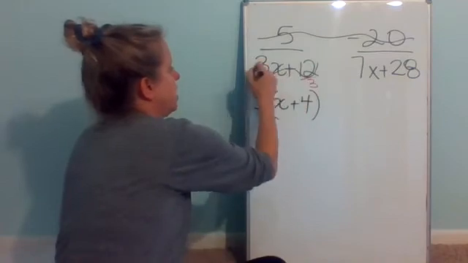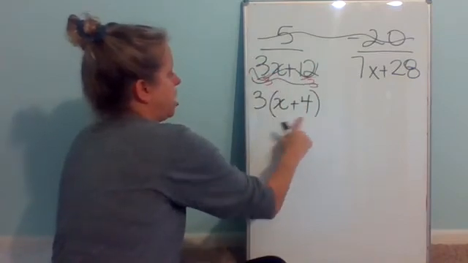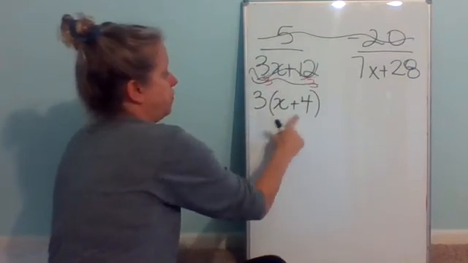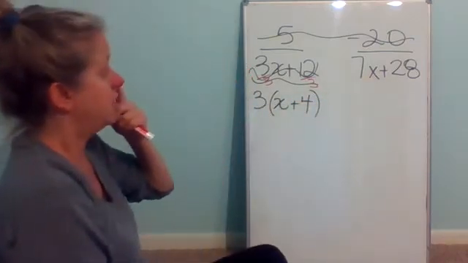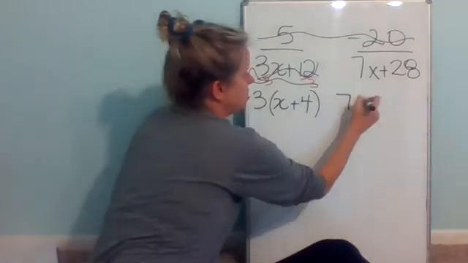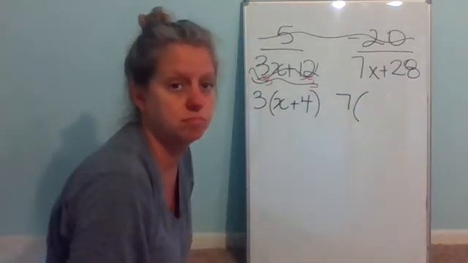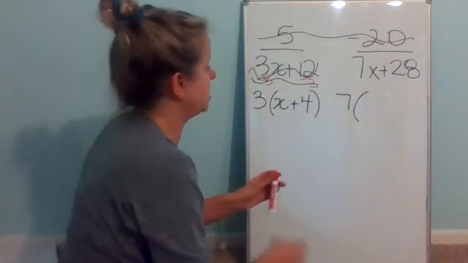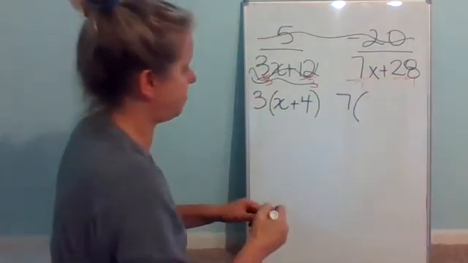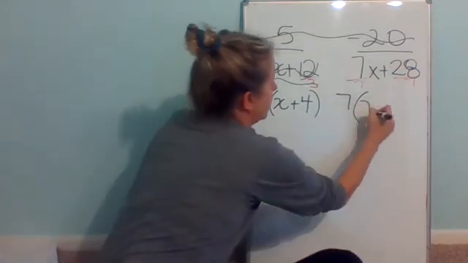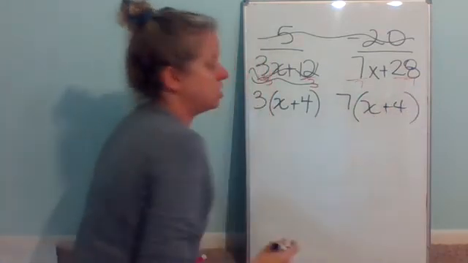So now you can forget about this. Here's what your denominator is in its factored form. You're going to do the same thing to the other side. 7 goes into both of those. If I pull out a 7 and divide them by 7, I am left with x plus 4.